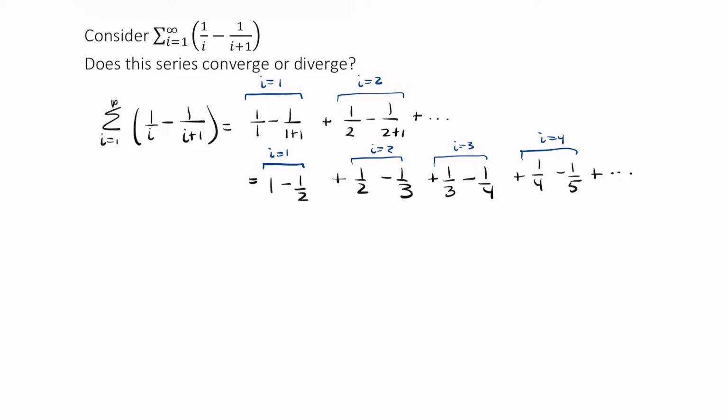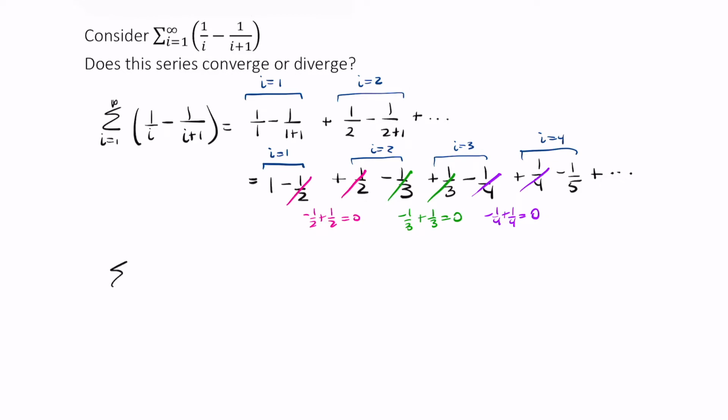Now, we can clearly see that negative 1 half plus 1 half is 0. We can also clearly see that negative 1 third plus 1 third is also 0. And negative 1 fourth plus 1 fourth is also 0. So now let's ask ourselves, what is left over?